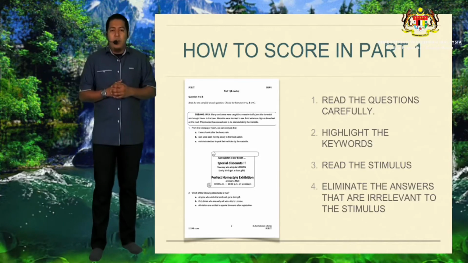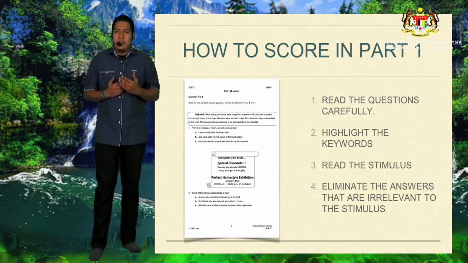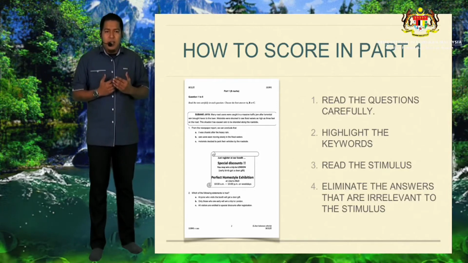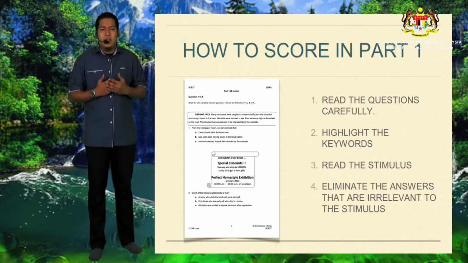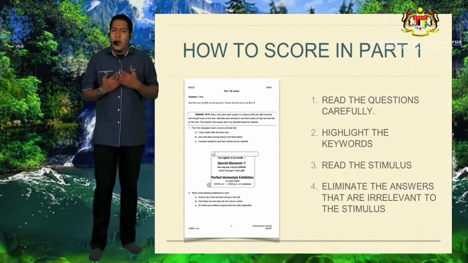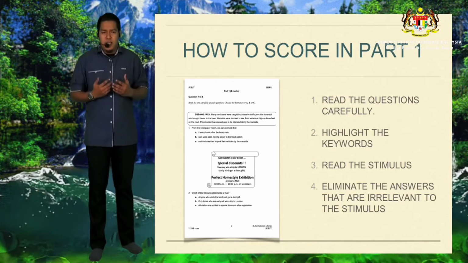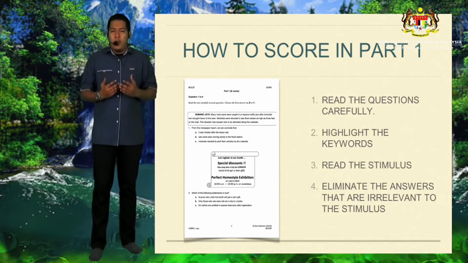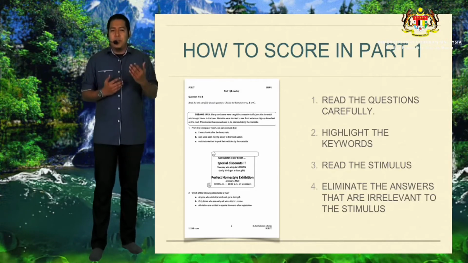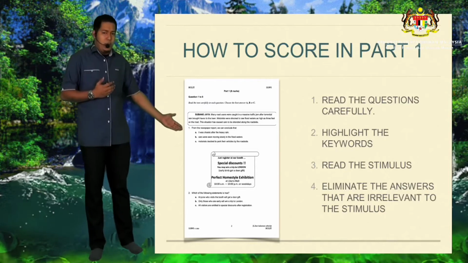And number 4, please eliminate the answers that are irrelevant to the stimulus. Why? Because if you don't eliminate the answers, you will get confused. For example, look at question number 1.